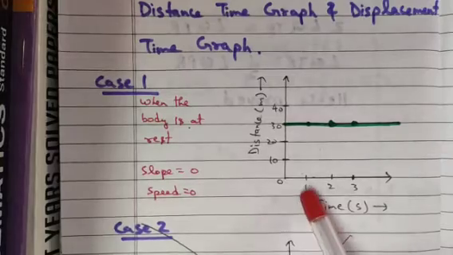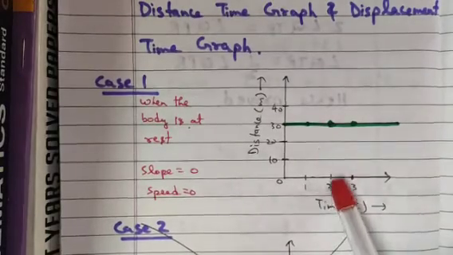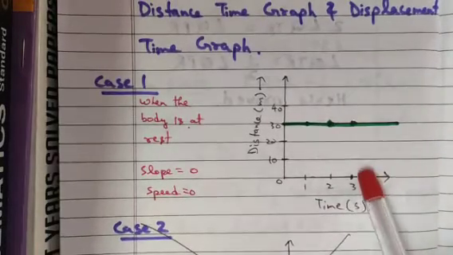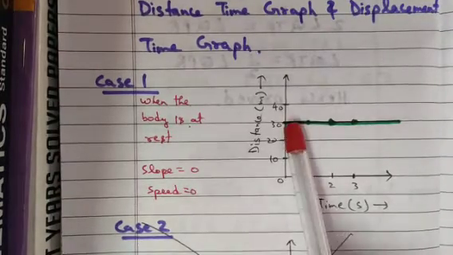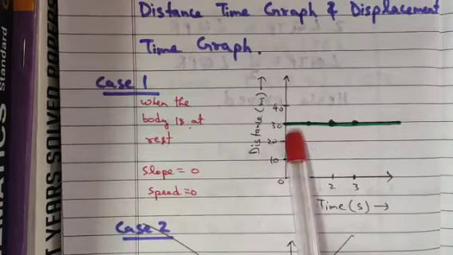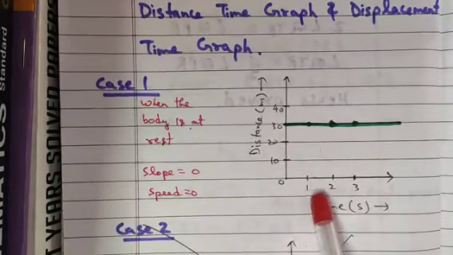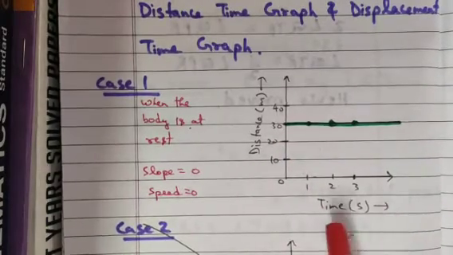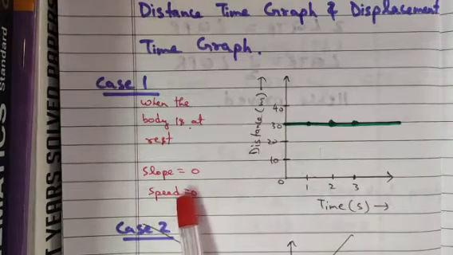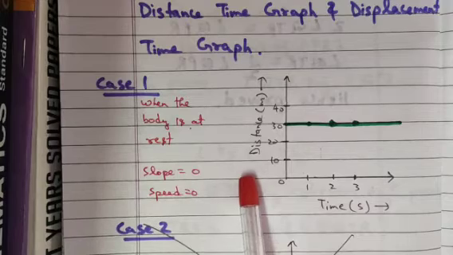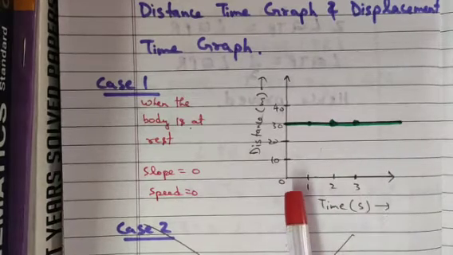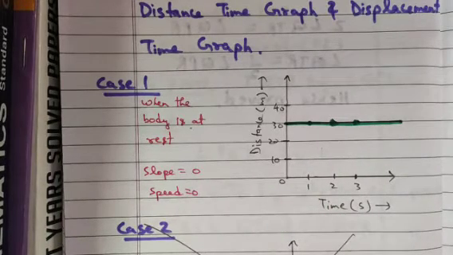For 1 second the body is at 30 meters, for 2 seconds also it is at 30 meters, for 3 seconds also it is at 30 meters. In such a case, the graph will be a straight line parallel to the x-axis. The slope of such a graph is 0, and the slope of a distance time graph is basically the speed. So when the body is not moving, the speed will be 0.